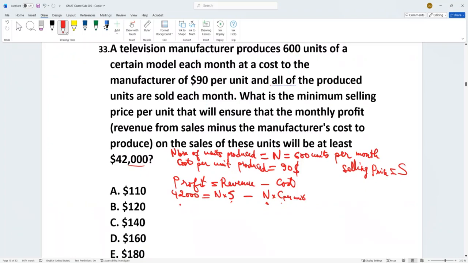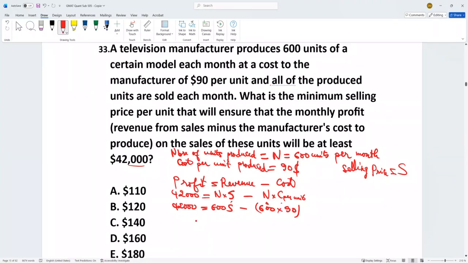Okay, so this is going to lead us to have 600 S, where 600 is N, the units produced per month. And the question is to know what is the minimum selling price per unit that will ensure that the monthly profit, so we are looking for the monthly profit, okay? And this will give us also 600 times 90.